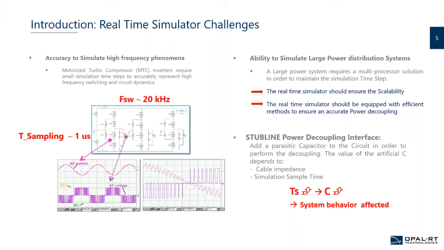If the sample time is large, the computed capacitor will be large also, which will affect the original behavior of the system. So here also the interest is to have a simulator that is able to reduce as low as possible the simulation time step.